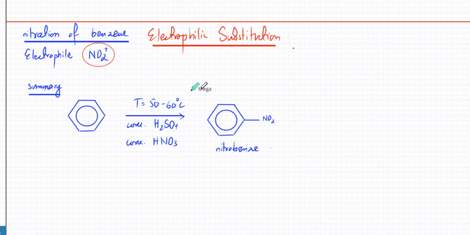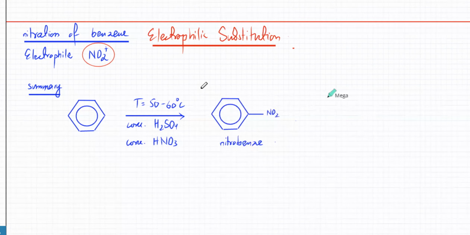The temperature is kept at 50 to 60 degrees centigrade, and concentrated sulfuric acid and nitric acid are used, and kind of the same reaction happens, and nitrobenzene is formed. So this is the overall reaction, that you get a substitution as a result. The mechanism of this reaction is kind of the same.